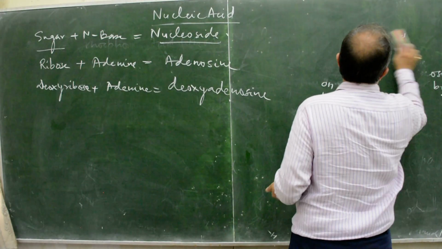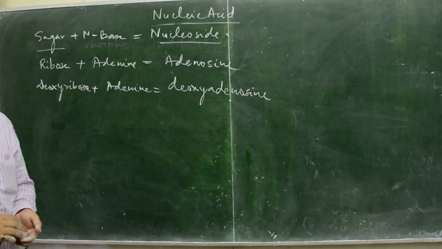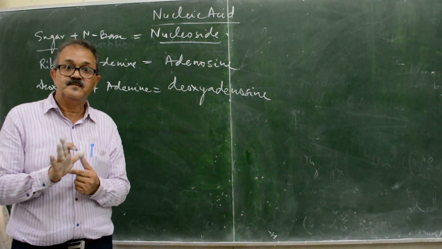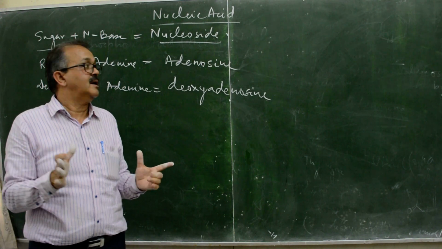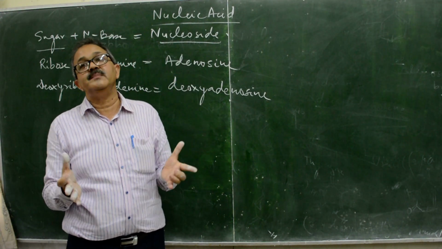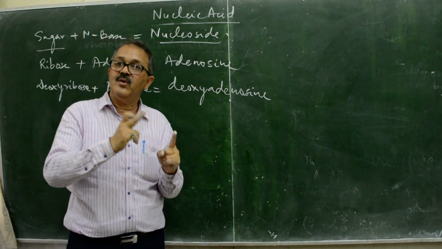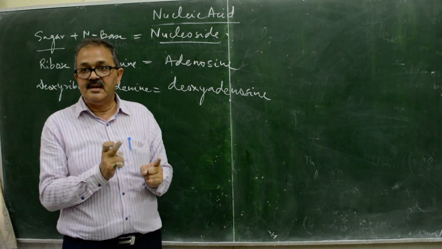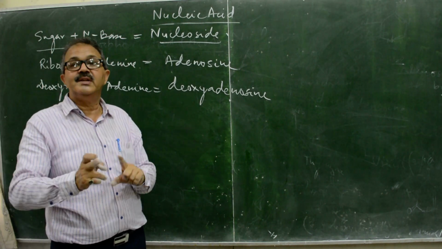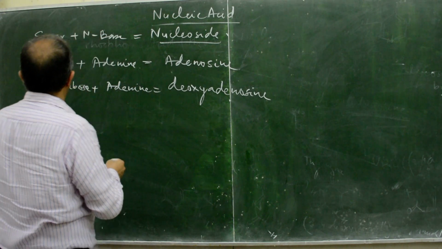Then how many types of nucleosides are there? You have 5 nitrogen bases and 2 types of sugars. Then 8 types, because thymine will only react with deoxyribose sugar and uracil with ribose sugar. Then 8 types of nucleosides, you should know that.